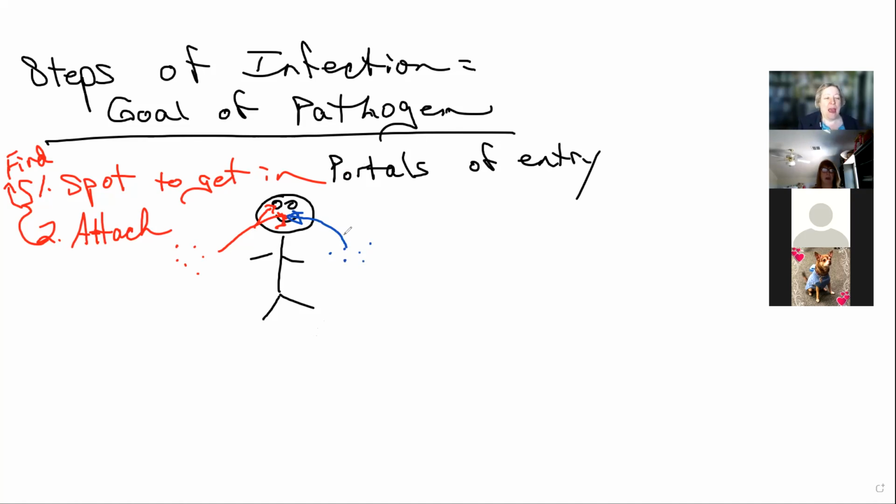Because, and we'll talk about this in virulence factors, well, let's talk about it now. Let's combine virulence factors because they are an important part of the steps in infection.